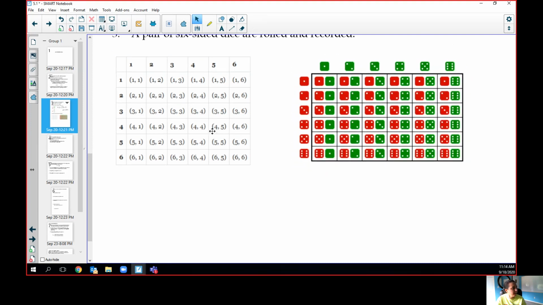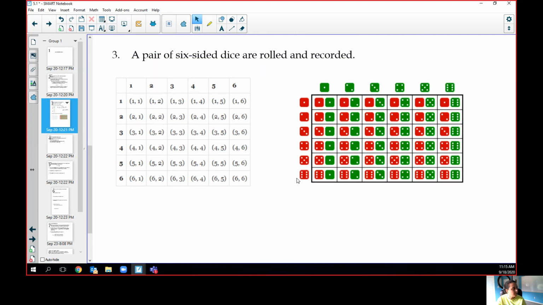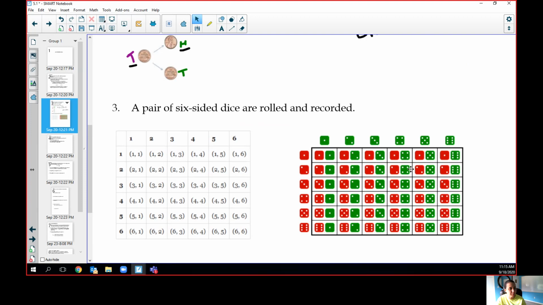If you were to count all of the possible outcomes, we would end up with a total of 36 different outcomes you can get when you roll two six-sided dice. Your sample space will be these 36 events on the inside.